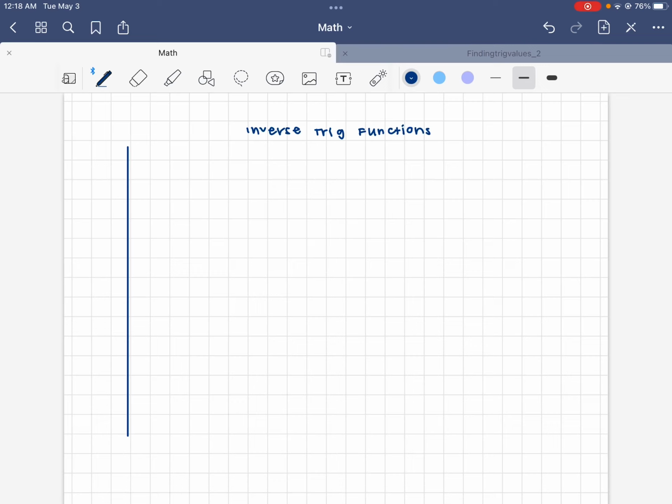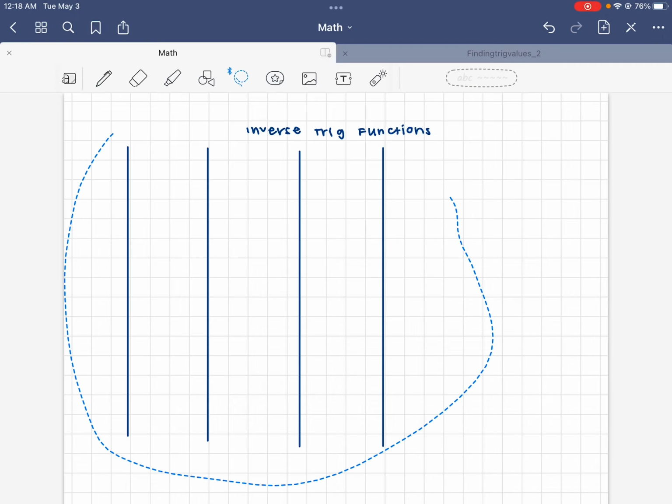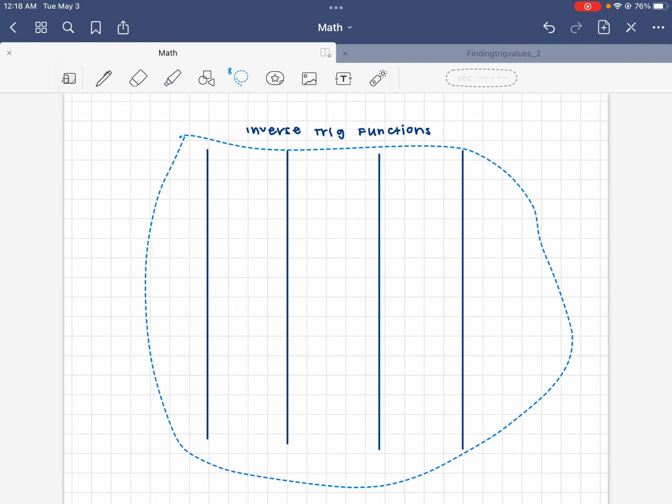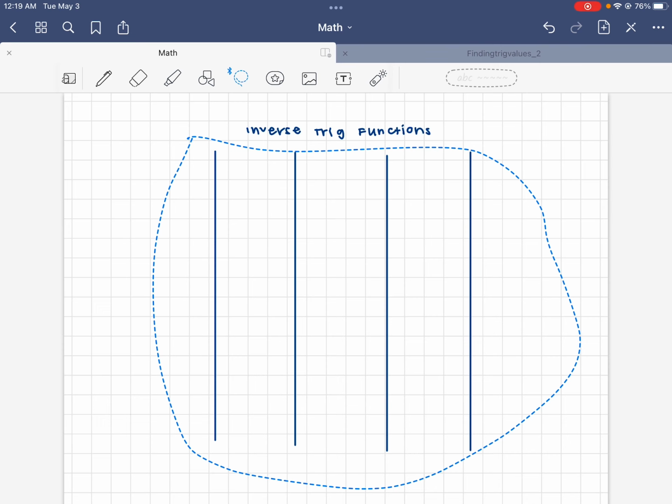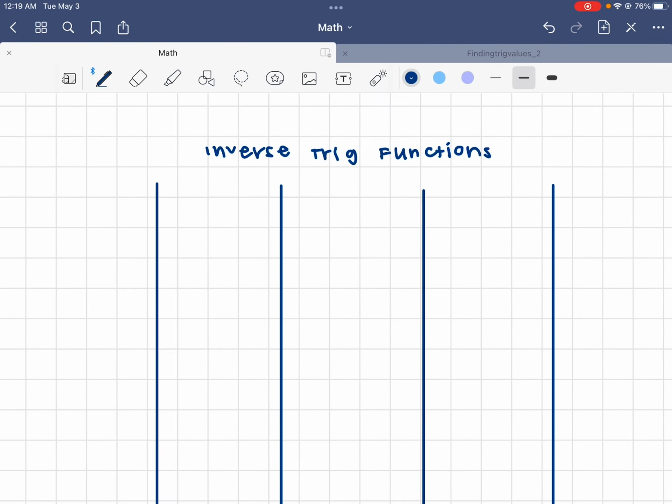I have made these lines. Basically, we're gonna do a little review. So it's a function. What is happening? Okay, sine theta.